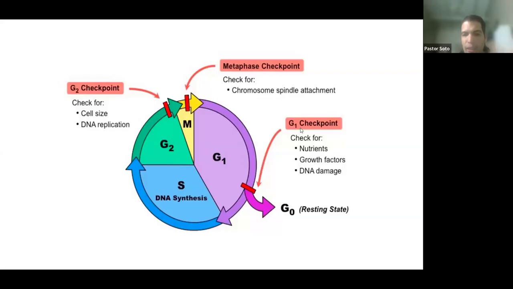For instance, at this checkpoint, it will ask about nutrients, growth factors, DNA damage. But if those checkpoints fail, which is what happens when you have a tumor cell, the checkpoints don't work anymore.